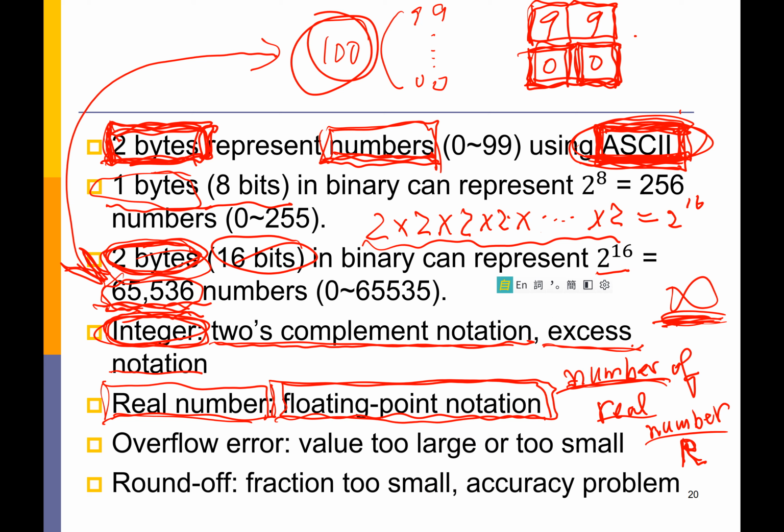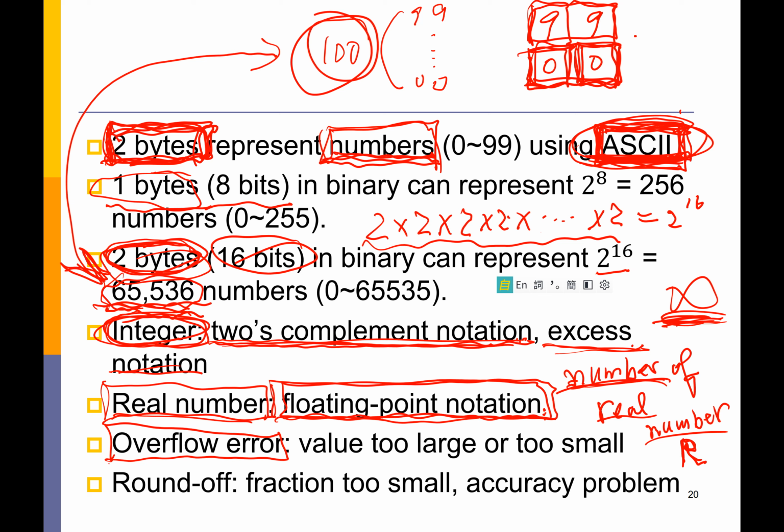After these three kinds of notation, sign-and-magnitude notation, two's complement notation, and floating point notation, we will talk a little bit about overflow error. Why is there overflow error?